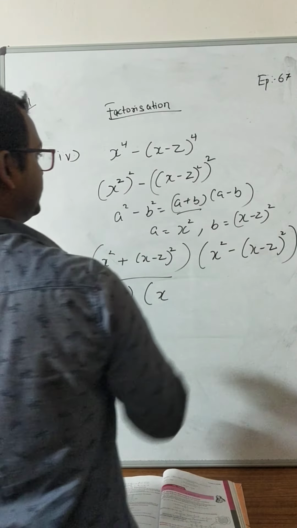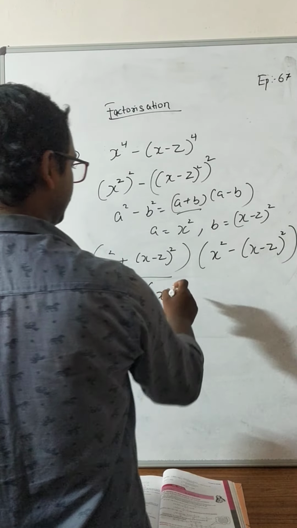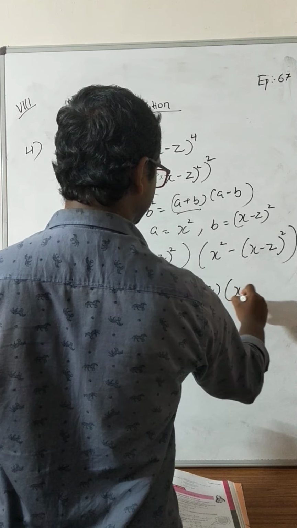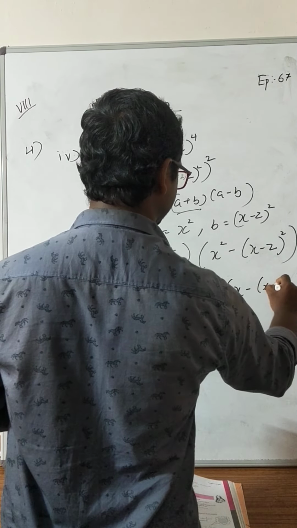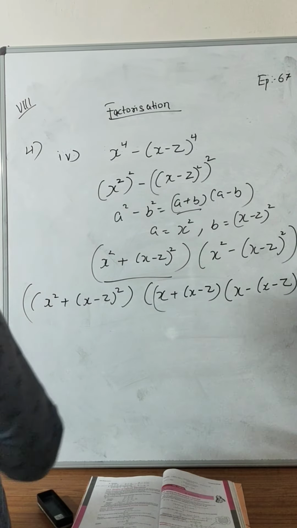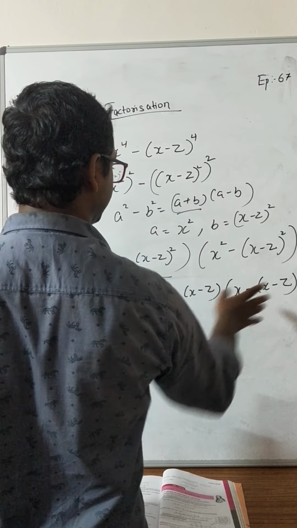We can write it as a plus b and a minus b because this is identity 3. Okay, so a plus b and a minus b.